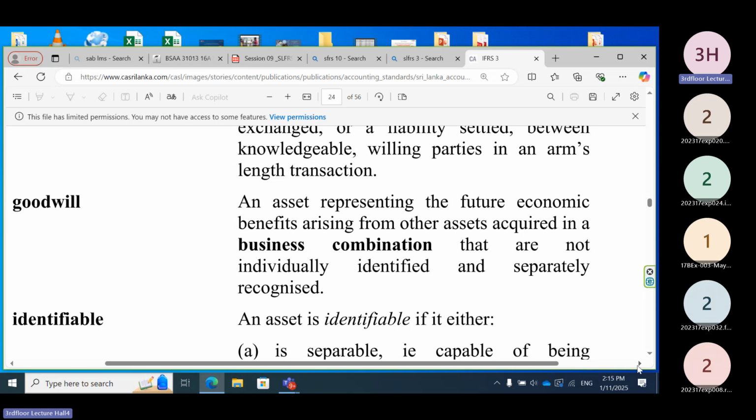Once you are acquiring 80%, you just calculate the goodwill for your acquisition only, the part that relates to your investment. Full goodwill means you are calculating the goodwill for the overall company.